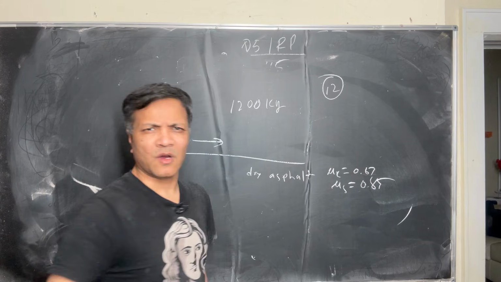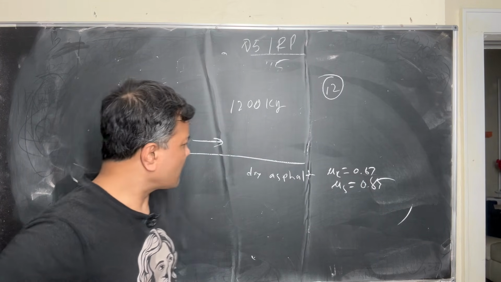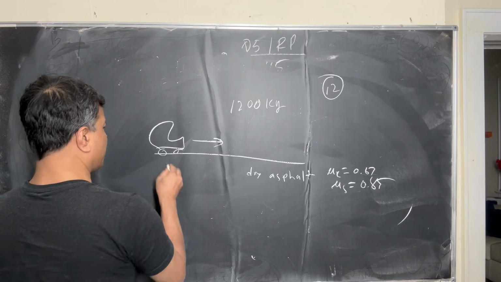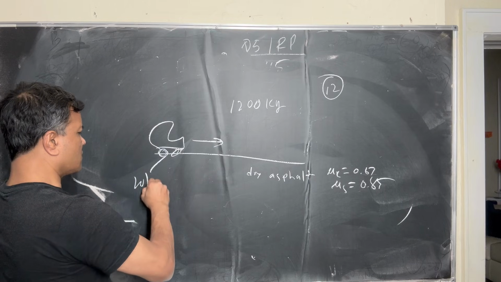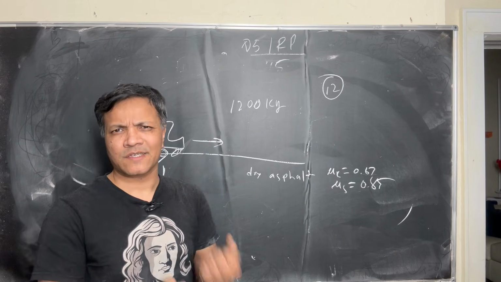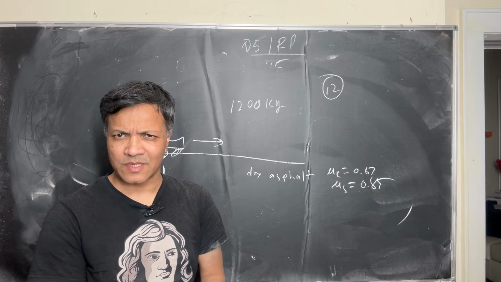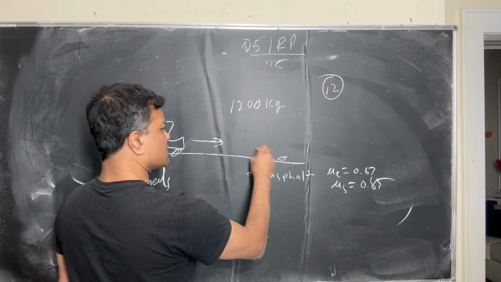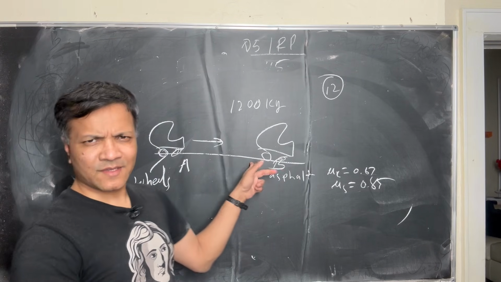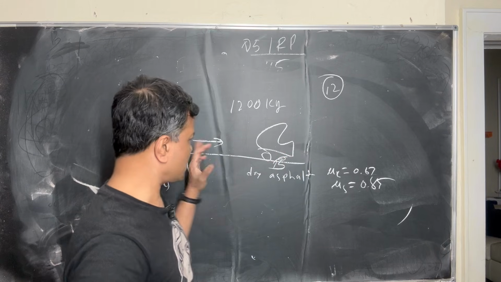Okay. Mu k is 0.67, mu s is 0.5. So this dry asphalt is like concrete. Okay, so the driver hit the brake. When the driver hit the brake, what happened? The friction acts on the wheels, right? And friction slows it down, and eventually the car stops at location B from location A and is skidding, right?